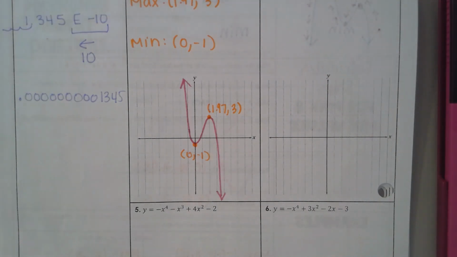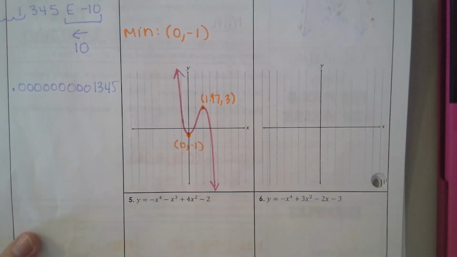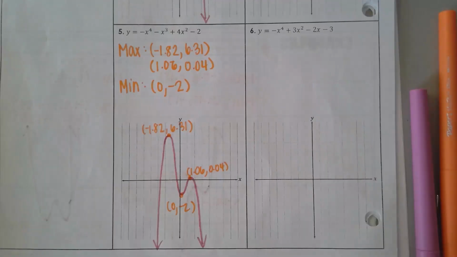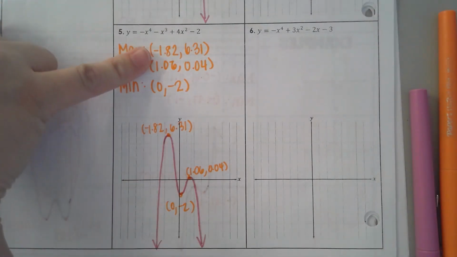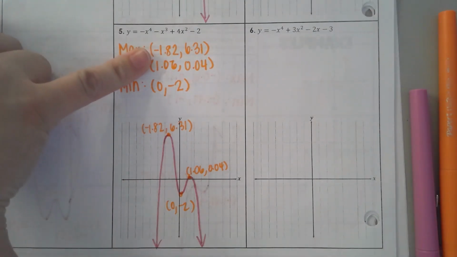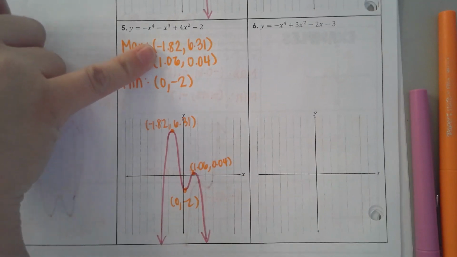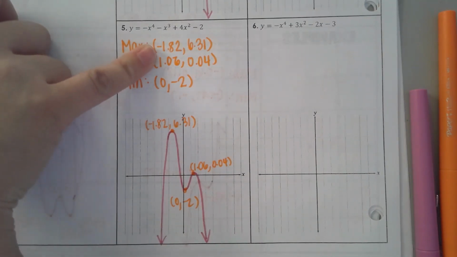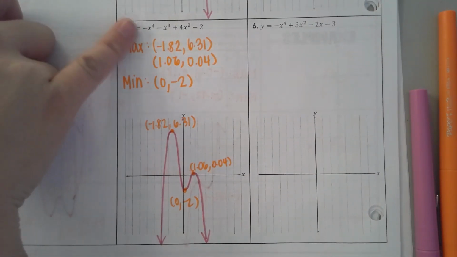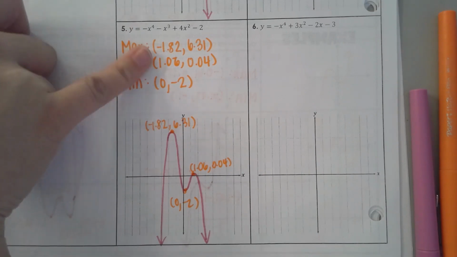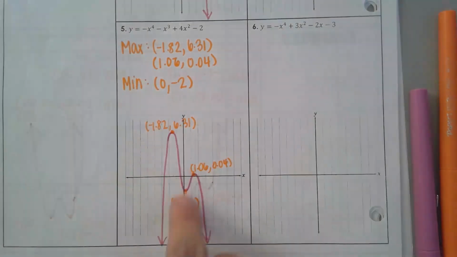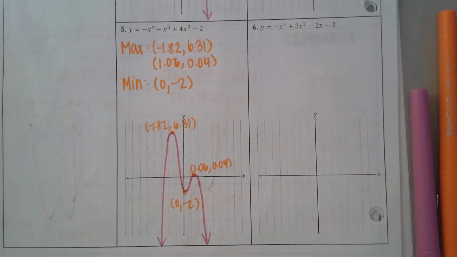I want you to do number 5. Alright, here is number 5. Remember, your points may not be exact, because if you were 1 or 2 clicks in one direction, it might throw your numbers off a little bit, but as long as they're fairly close, as long as your graph looks about the same, you're good.